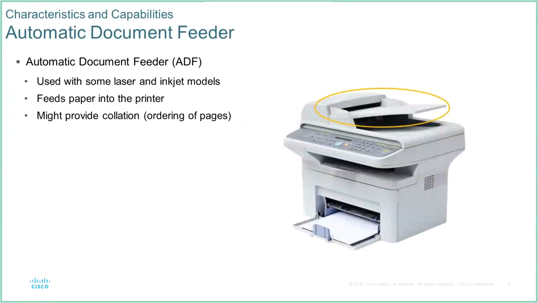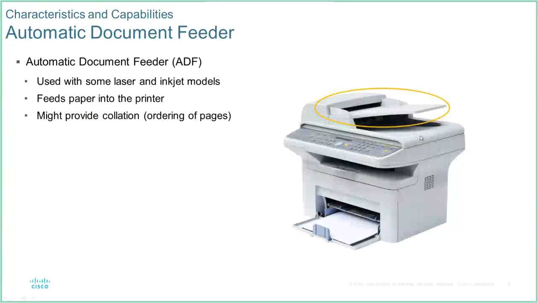Automated document feeders are generally on top of the printer, and basically what they are is a series of rollers that take a sheet from the feeder, roll it down into the scanning bed area, and then pick it up and roll it back out to the holding tray.